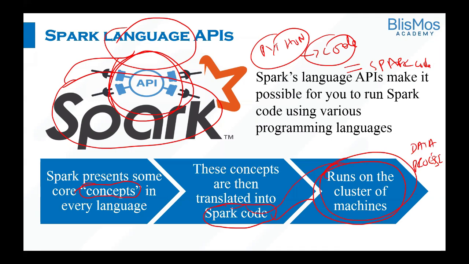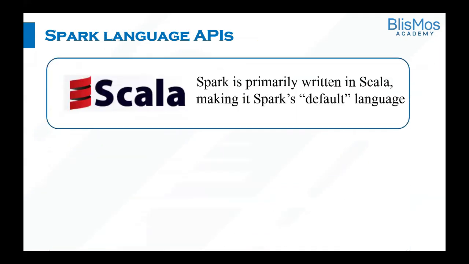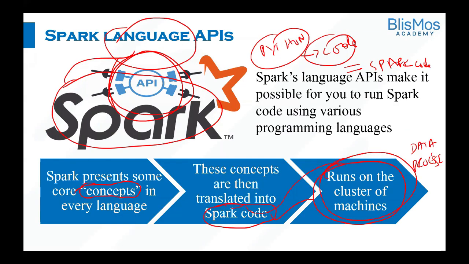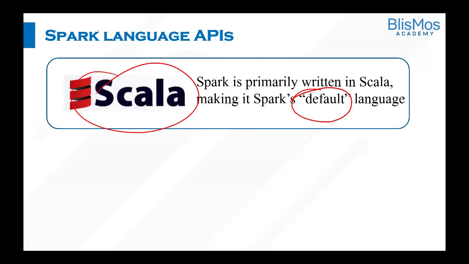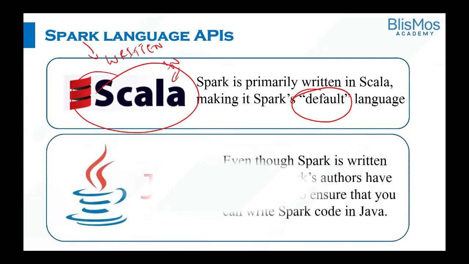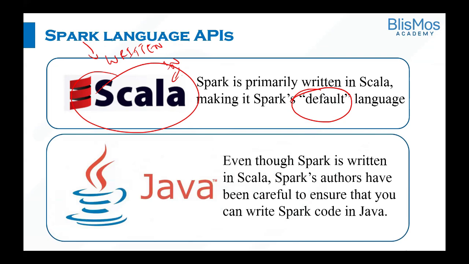Okay. So now, as I said, Spark supports different languages through APIs. First and foremost, Scala is the default language of Spark because Spark itself is written in Scala. Any questions? Are you guys able to get it at a high level? Okay. Spark is written in Scala. And then we have Java.